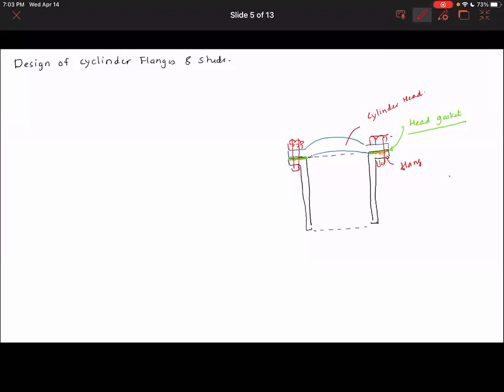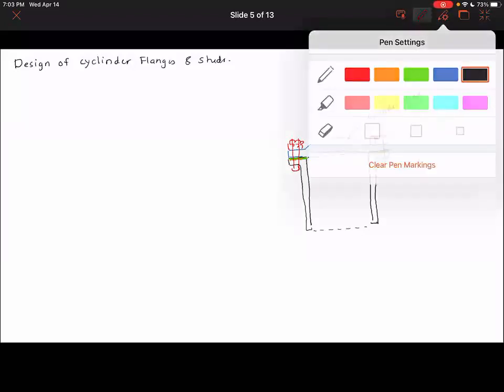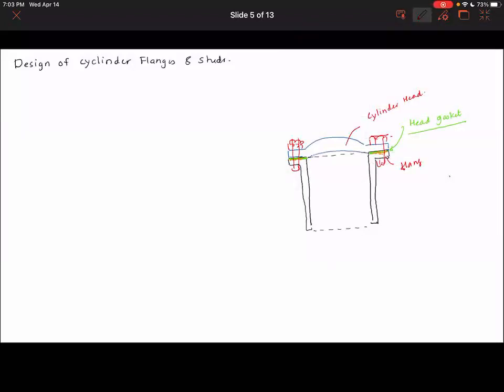So how do we find out the flange thickness? So we can use some empirical rules. So typically the flange thickness is equal to 1.2 to 1.4 times the thickness of the cylinder.